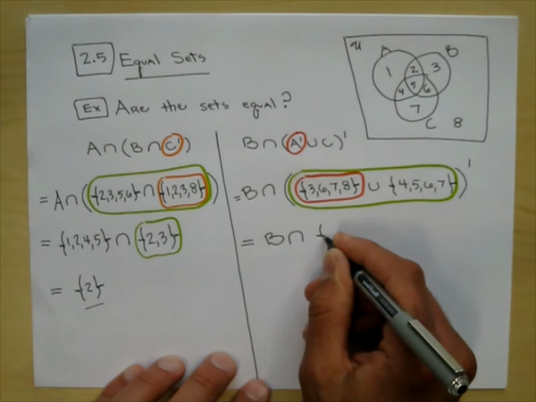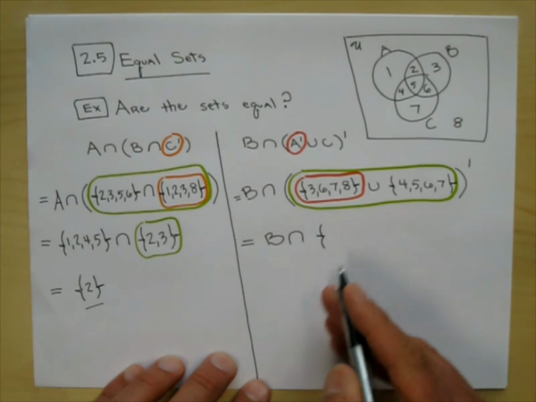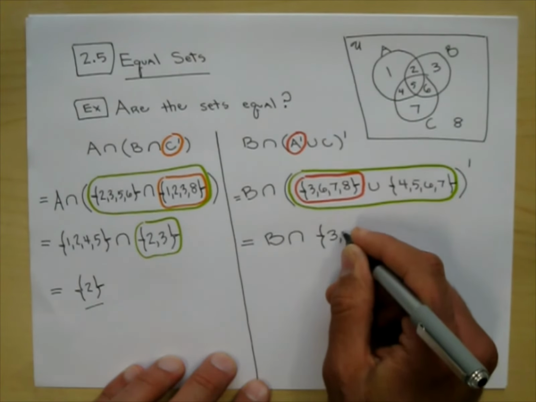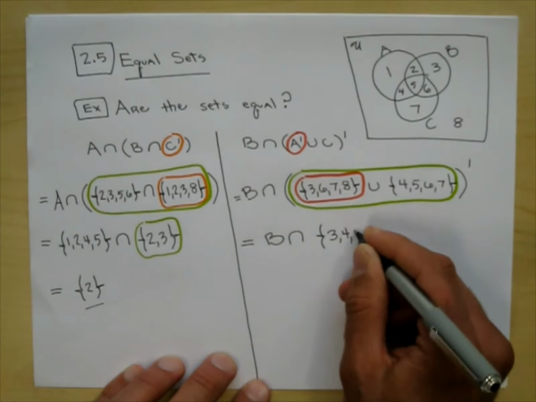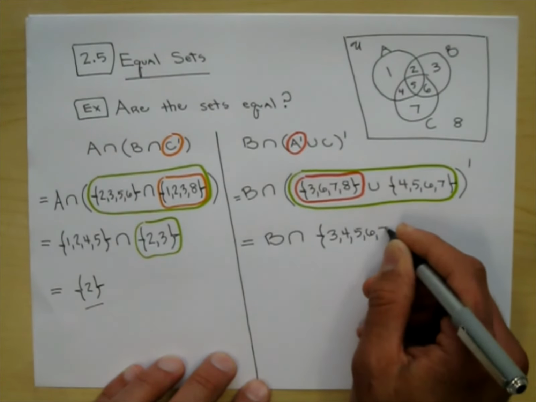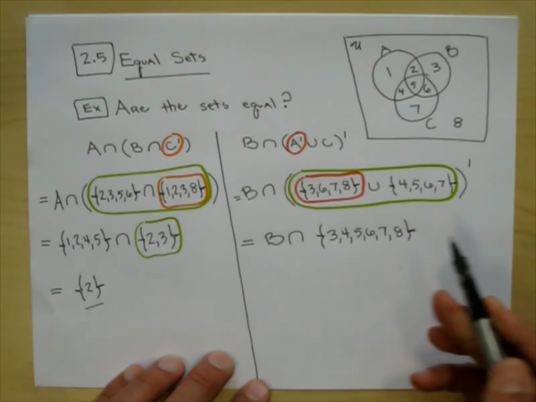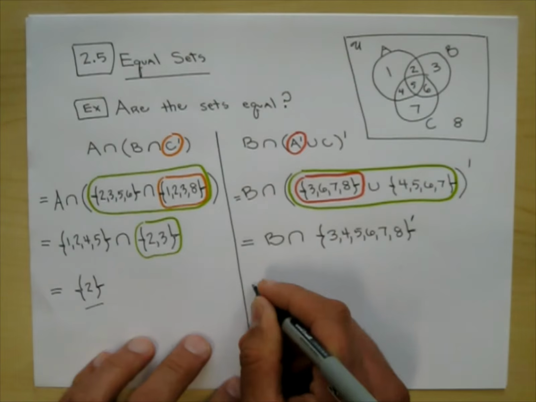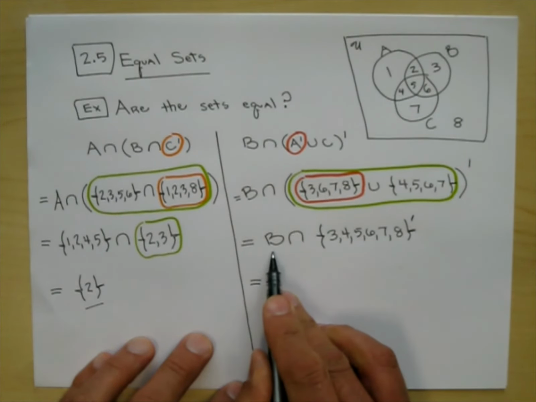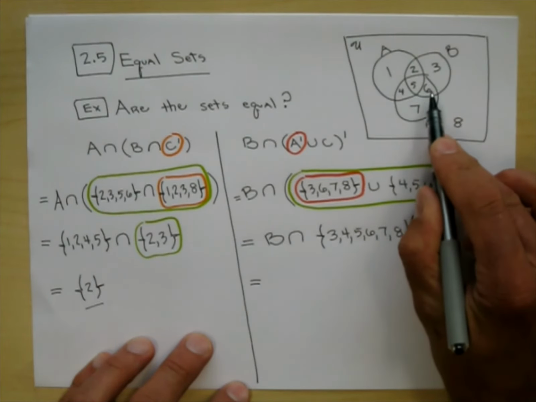And when I do that, I end up getting, union's the solid bowl, I'm putting everything in that bowl, so I have 3, 4, 5, 6, 7, 8. I don't see 1 or 2, so that's good. And then there's a complement. I think I better write out B now. So what is in circle B? Well, 2, 3, 5, 6.